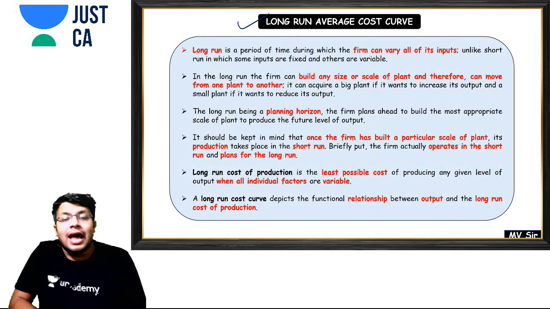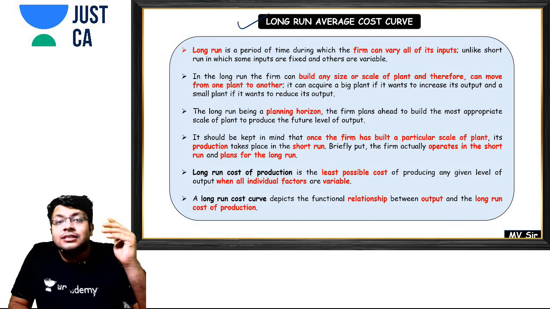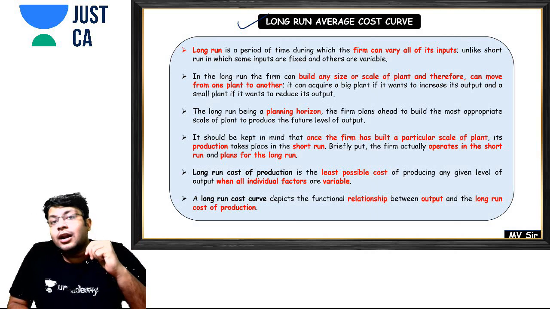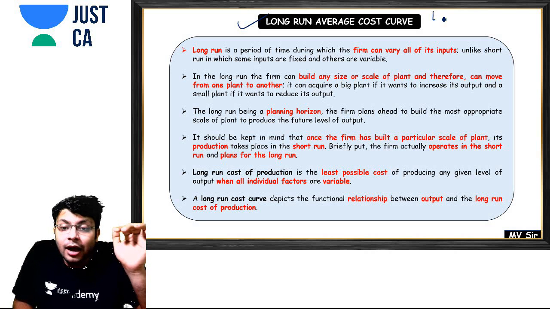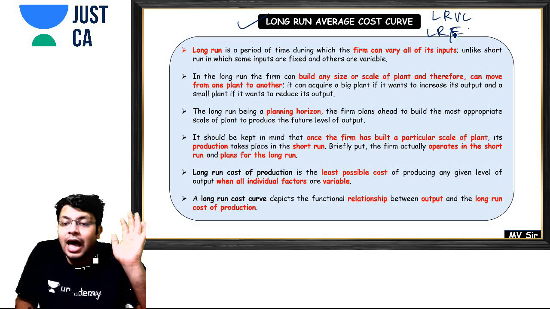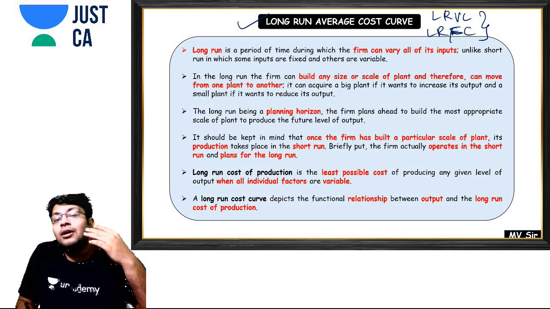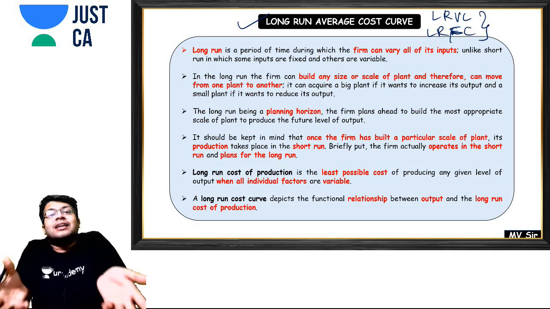Next point is long run average cost curve. Now when I am in the long run, you will never read long run variable cost and long run fixed cost. Have you read something like this? No, because in the long run all factors have become variable.